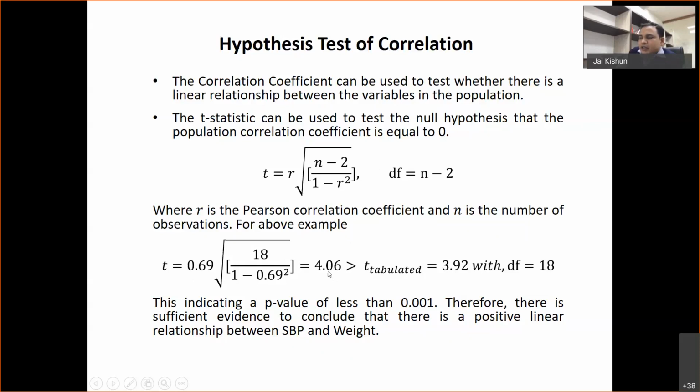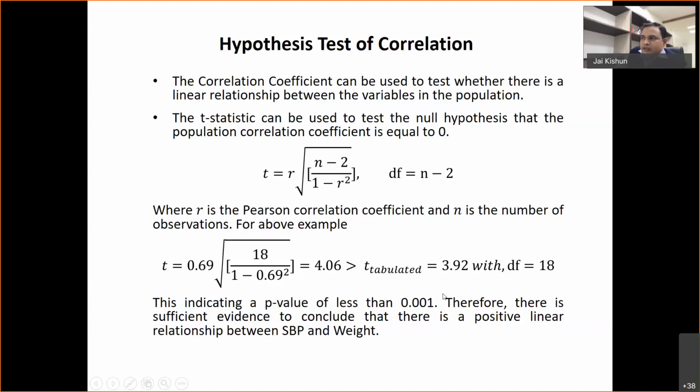In every statistics book you can see there is a t table. In the t table, for this degree of freedom, 20 minus 2 is 18, for 18 degrees of freedom, we look up the value of tabulated t. From these tables, you will get the p-value.